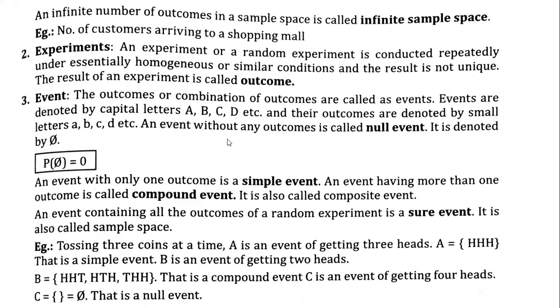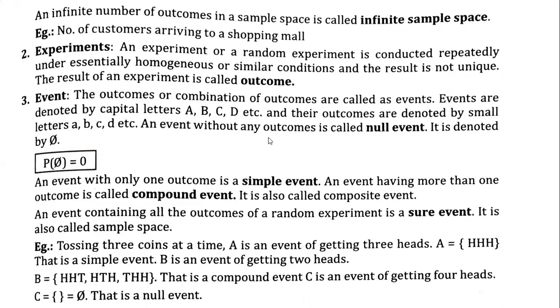Now, when we toss 3 coins together, the possibilities which we saw of head, head, tail, head, tail, head, tail, tail, tail, all of those will be the combination of outcomes. I am combining 3 events, or 3 different things that are happening, and that will be called events. Events are denoted in capital letters, something like A, B, C, D, etc. And their outcomes are denoted by small letters.